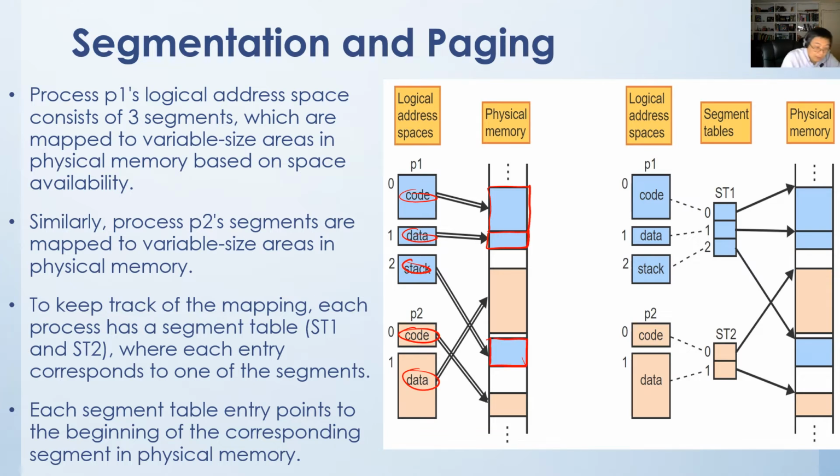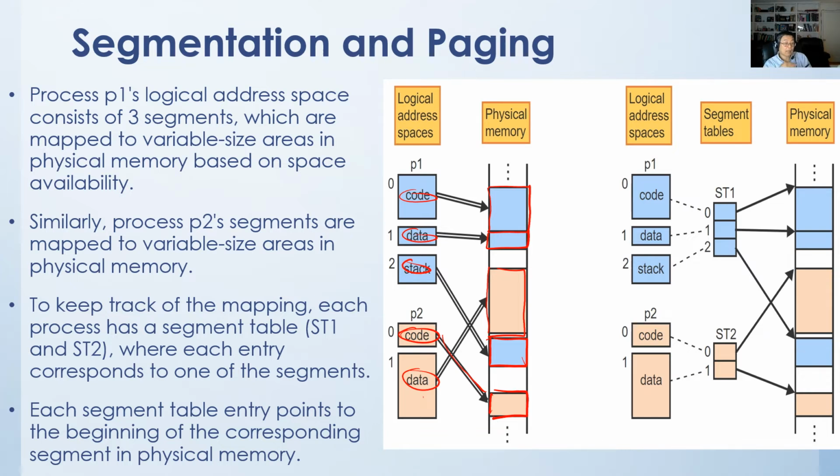But I do not separate each segment. Okay. So for process 2, the code is going to be in this location, and data is going to be in the same location. Okay. Still, we don't have to find a hole to put all the program components in the same hole.